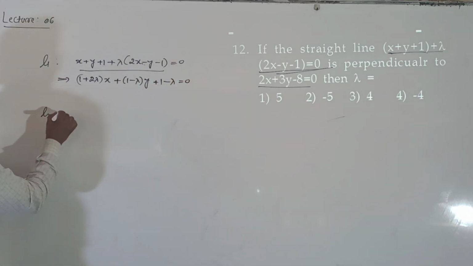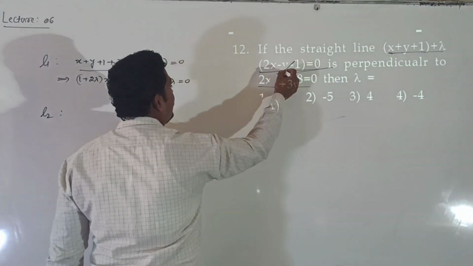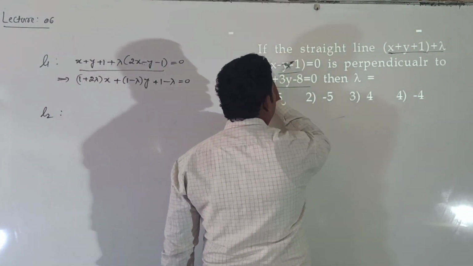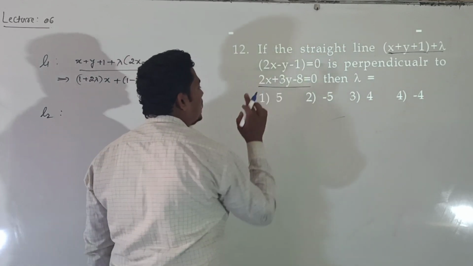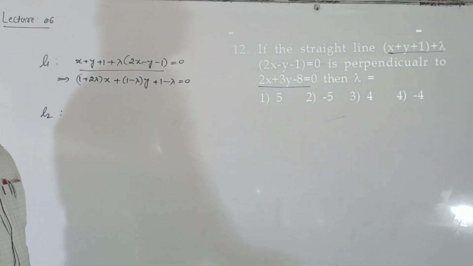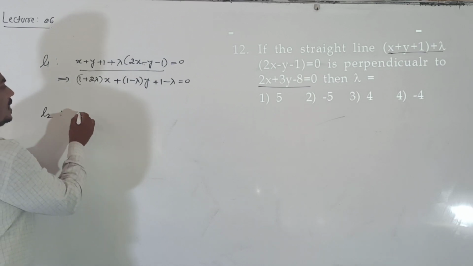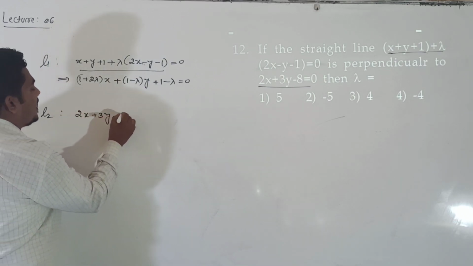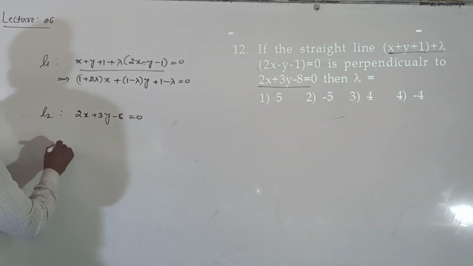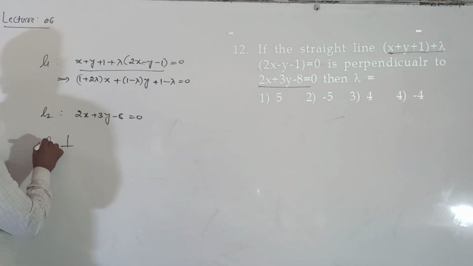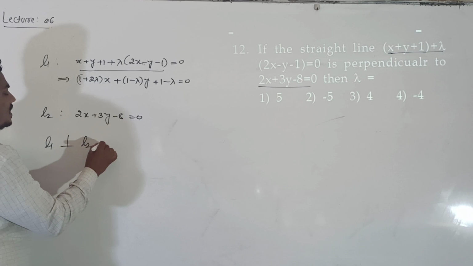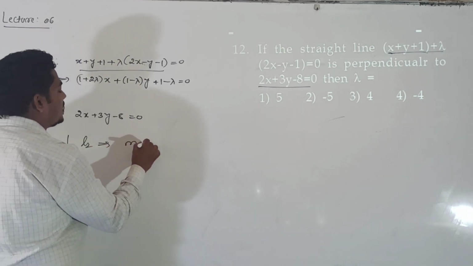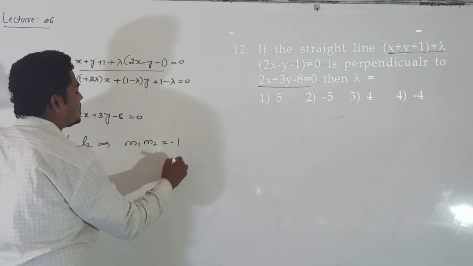Then one more line they have given, line 2. Line 2 equation is 2x plus 3y minus 8 equal to 0. Now clearly what they have given, L1 is perpendicular to L2, which implies the product of their slopes is equal to minus 1.